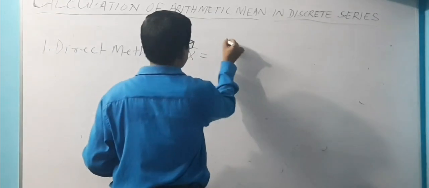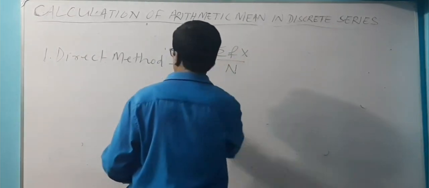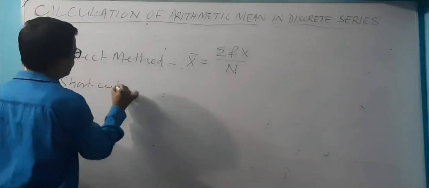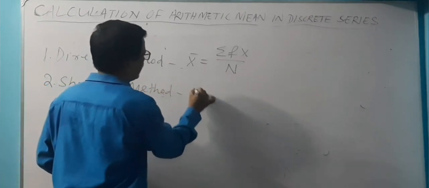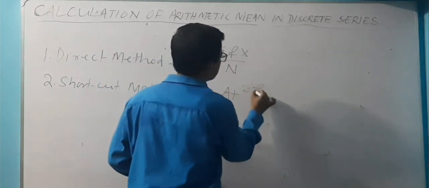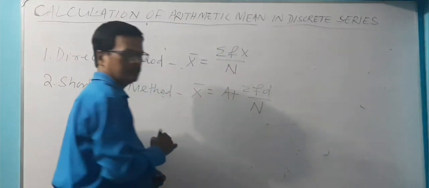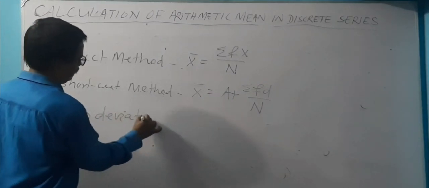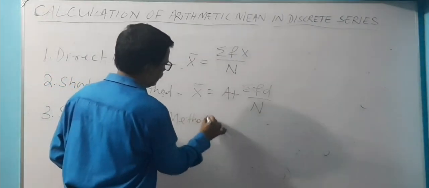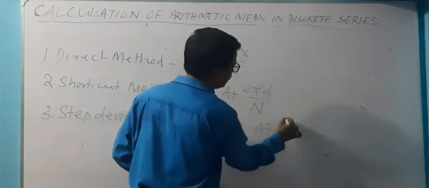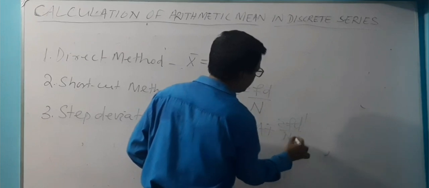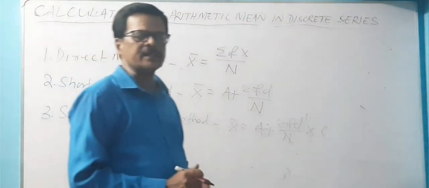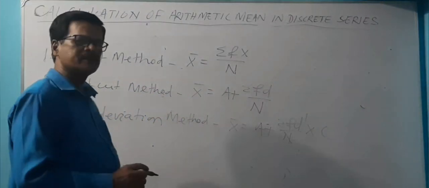X bar is equal to summation Fx by N. Shortcut method: X bar is equal to A plus summation Fd by N. Then number three is the step deviation method: X bar is equal to A plus summation Fd dash by N into C. So these are the three methods for finding the value of arithmetic mean in a discrete series: direct method, shortcut method, and step deviation method.